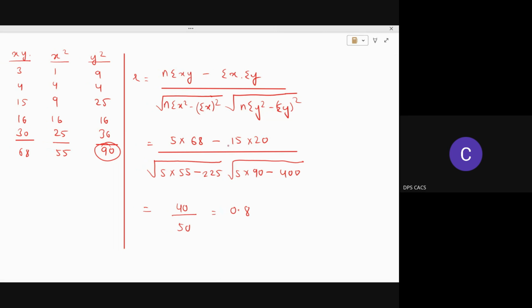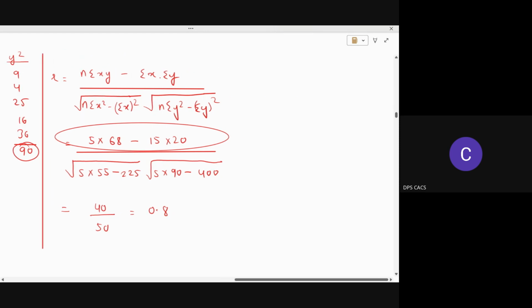Can I solve the numerator with the GT button? Yes. 5 into 68 I'll do on my calculator first. Then we'll press equal to, right? After that I have negative of 15, right?